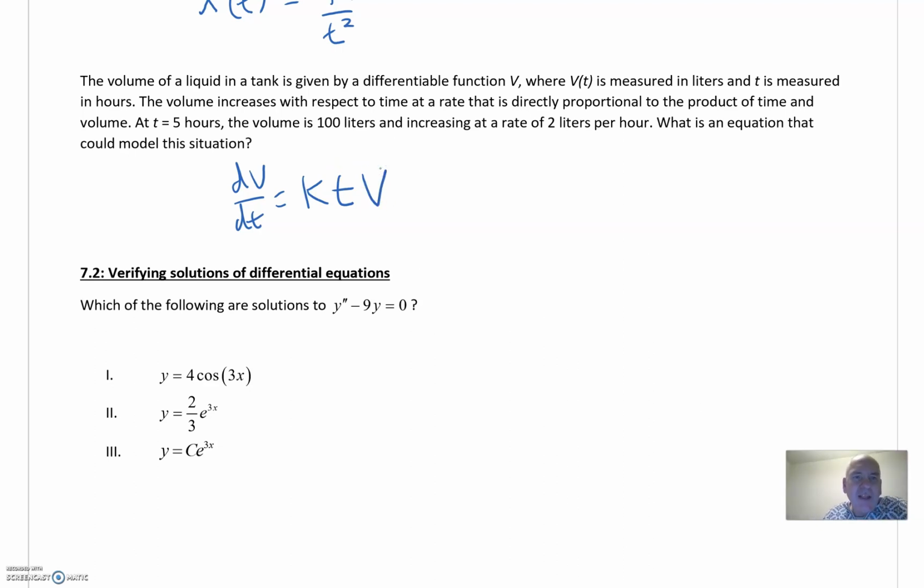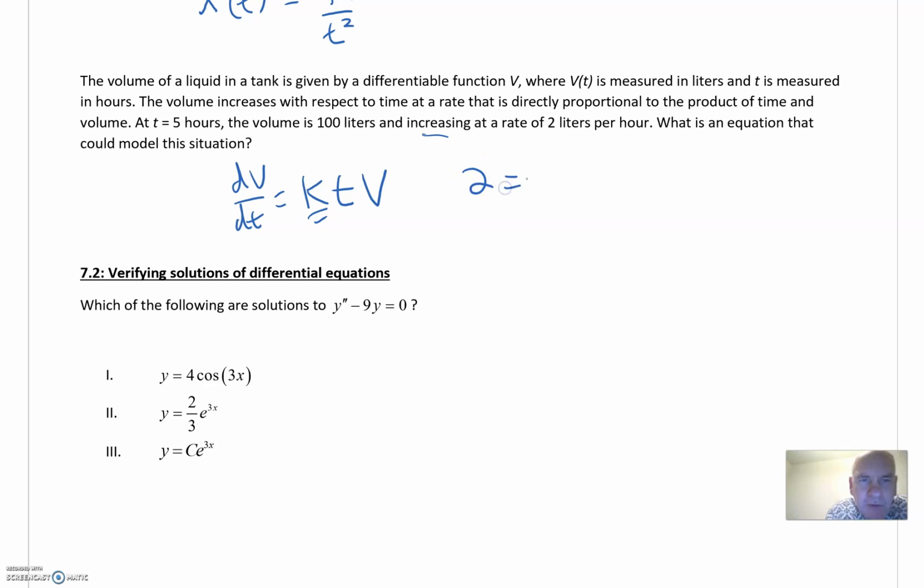And one thing is that in this situation, they gave us enough information, we can actually figure out what the k is, I think. They told us what the volume is, and they told us how fast it's increasing and when, so we actually can figure out what this k is. So the dv dt, it's increasing, that's positive, at a rate of 2 liters per hour, and it's directly proportional. Okay, I'm just double checking my work.